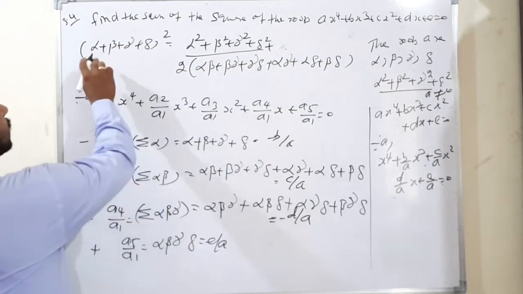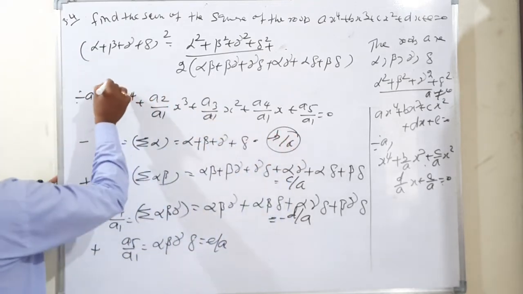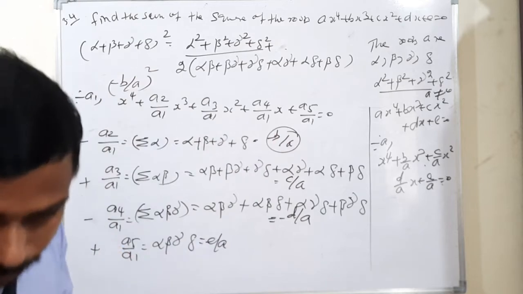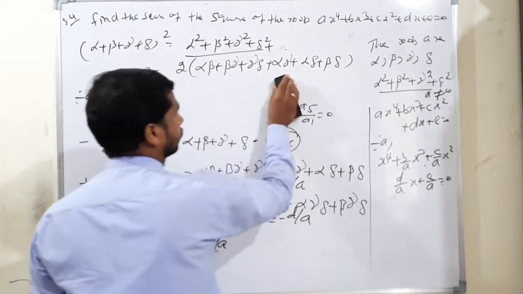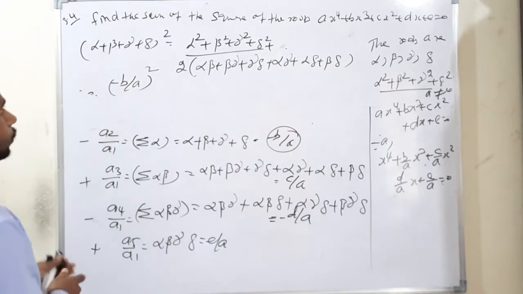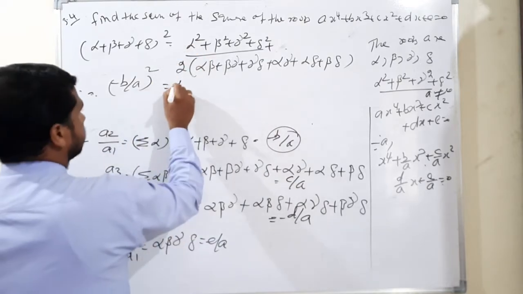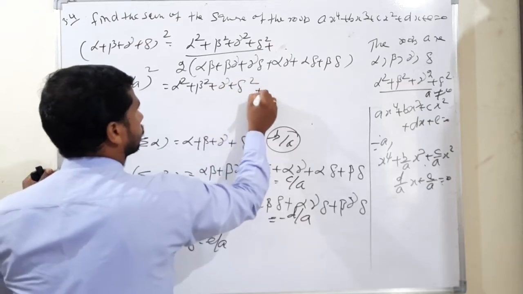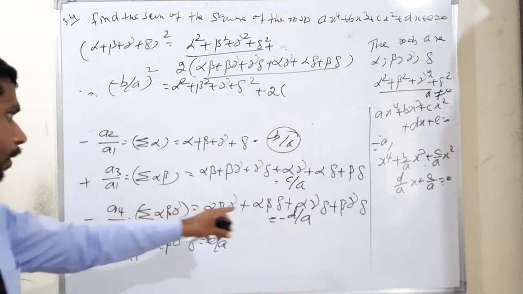So now we need alpha square plus beta square plus gamma square plus delta square. We already know the sum of the roots taken one at a time, the value is minus b by a. So we can write minus b by a the whole square is equal to alpha square, beta square, gamma square and delta square plus 2 times the sum of product of the roots taken two at a time, c by a.